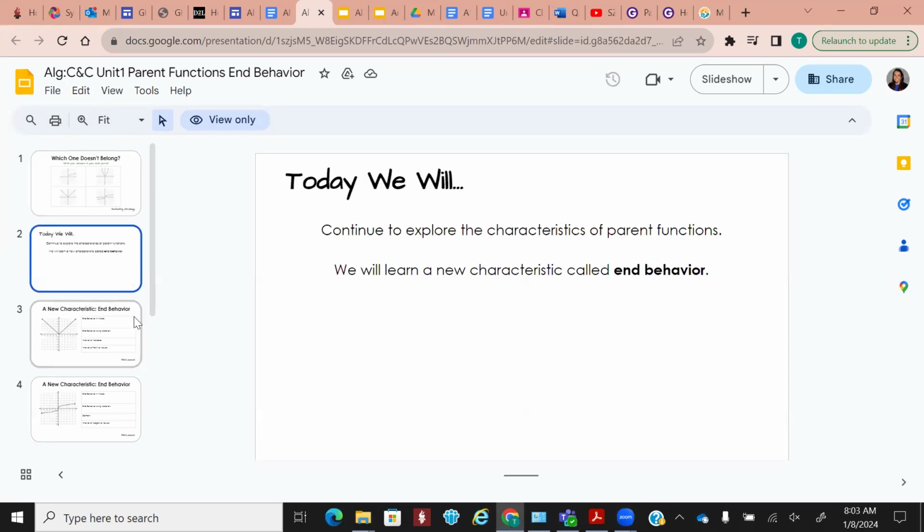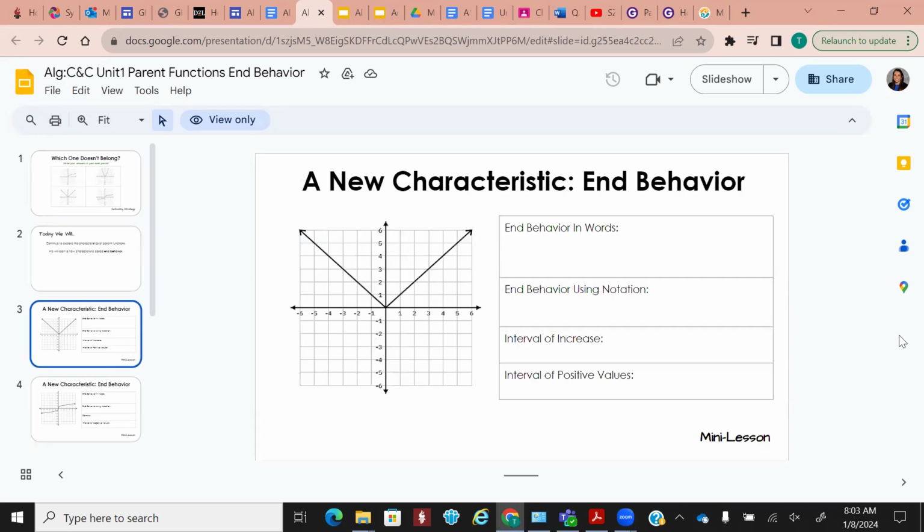You could have come up with anything. Okay, so we're going to talk about end behavior. End behavior and intervals of increase and decrease are similar, but they're different. So which function is this one? What's the name of that one? Absolute value. Good. Now, when we're dealing with end behavior, it's where does the graph end up?